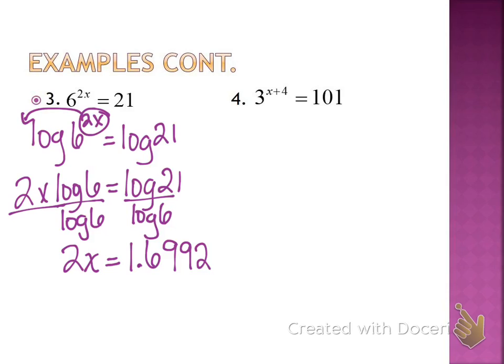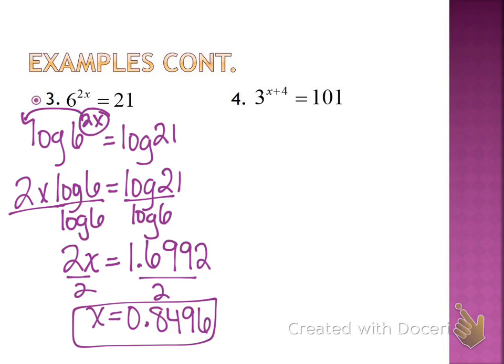Do we agree? All right, Charles, what's my last step? Divide both sides by 2. Divide by 2. What do we get? 0.8496. Beautiful. Anybody else get that? Yeah, a few of us did.